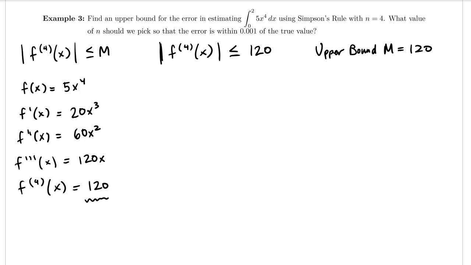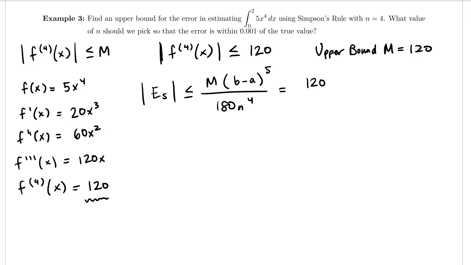So again, from the purple box just moments ago, we were given that the absolute value of the error for Simpson's rule is less than or equal to capital M times B minus A to the 5th power over 180 times n to the 4th power. And we have values for these, so our upper bound is 120.